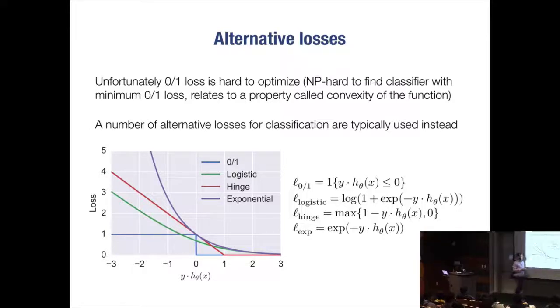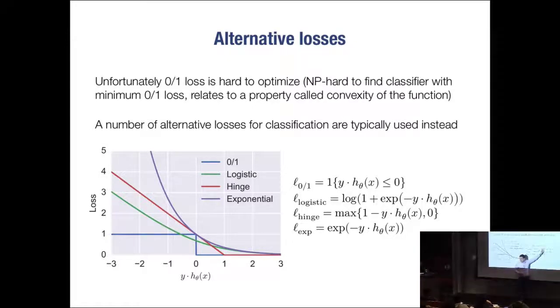So for example, the logistic loss is the log of 1 plus the exponential of negative this quantity. As this thing gets very positive, the exponential term goes to 0, and so you have the log of 1 plus 0, which equals 0. As this thing gets really big, you suffer essentially 0 loss.